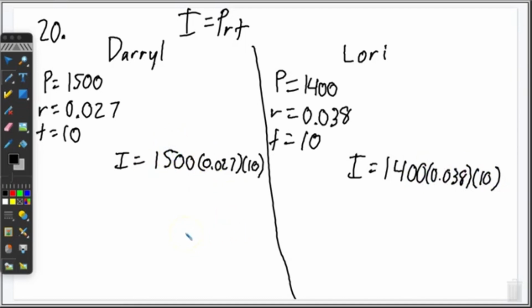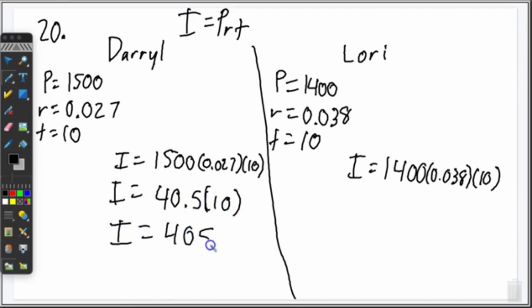You can if you want to, but I'm just going to work step by step. So 1,500 times 0.027 equals 40.5, times 10. And we get I equals 405.